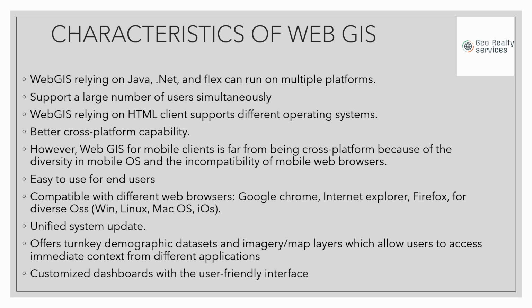However, WebGIS for mobile clients is far from being cross-platform because of the diversity in mobile OS and incompatibility of mobile web browsers. It is easy to use for end users and compatible with different web browsers, Google Chrome, Internet Explorer, Firefox, for diverse OS: Windows, Linux, Mac OS, and iOS.